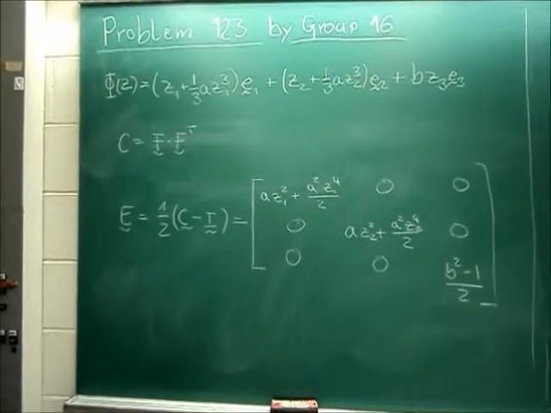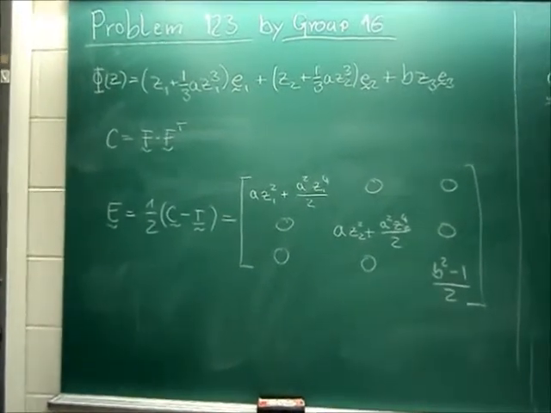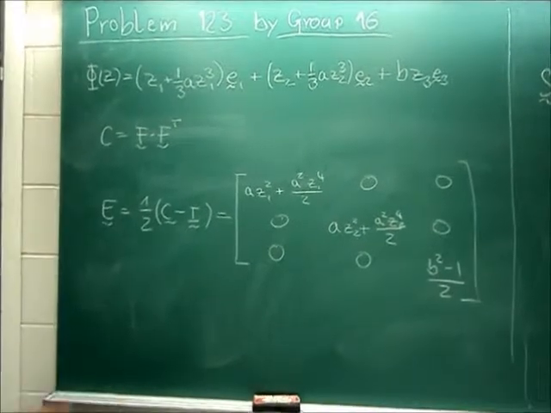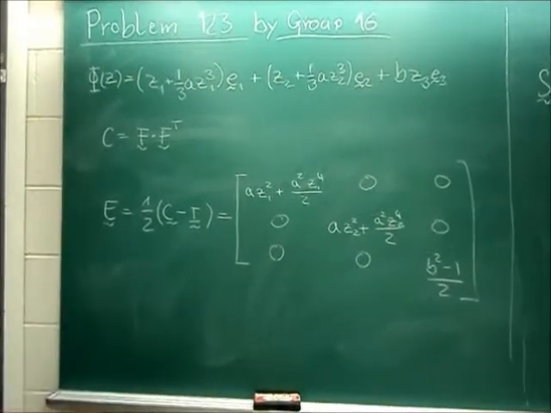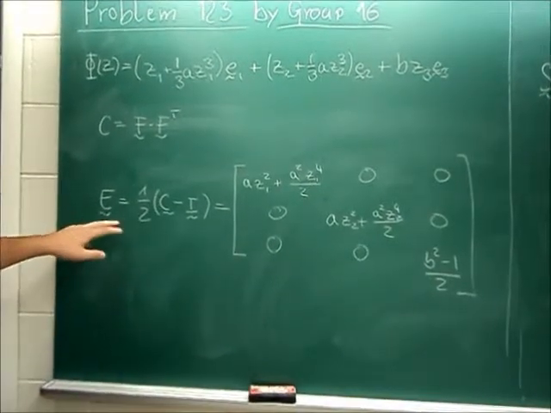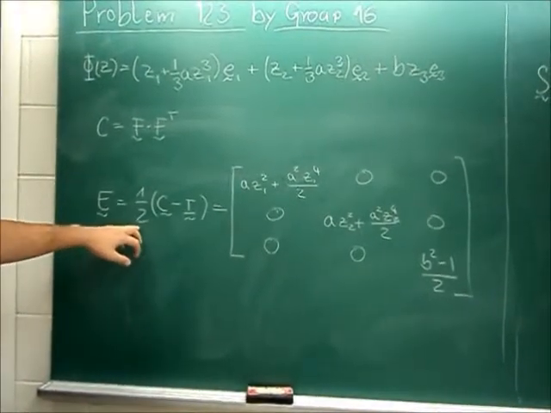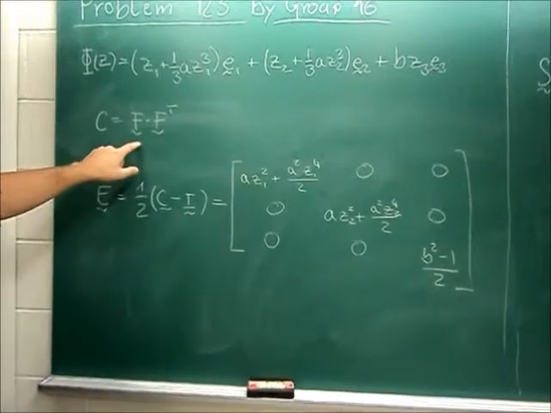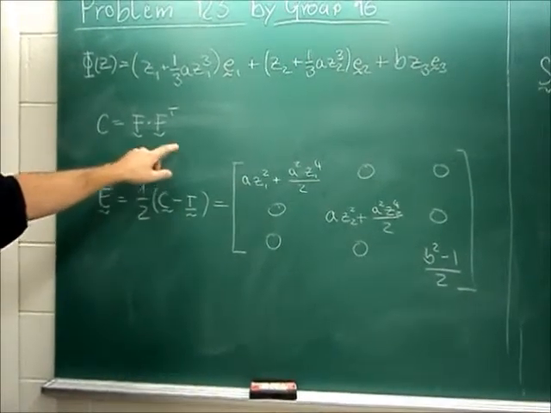So we were given that we could use the linear assumption for the strain tensor, but if we were not able to, we just kind of wanted to go through how that complicates the problem. So we know that E equals 1/2 times C minus I, where C equals F times F transpose.